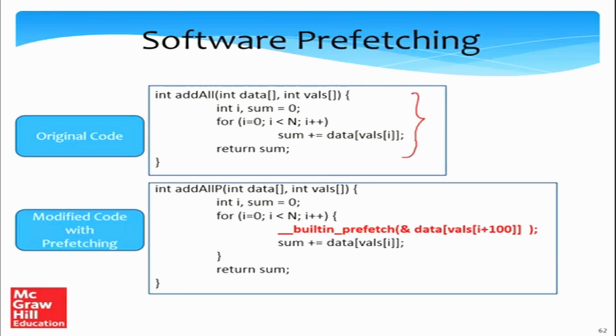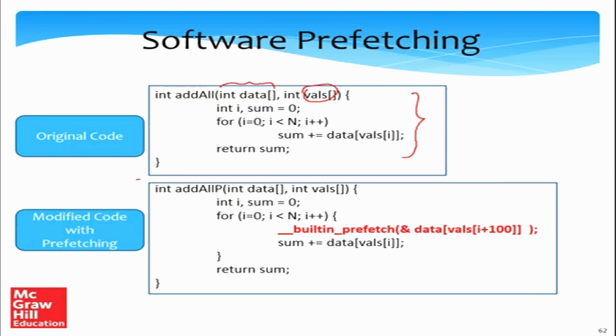In this function, we consider a data array and an array of indices called vals. We iterate through each and every entry of the vals array, assuming there are n entries, where n is a predefined global constant.